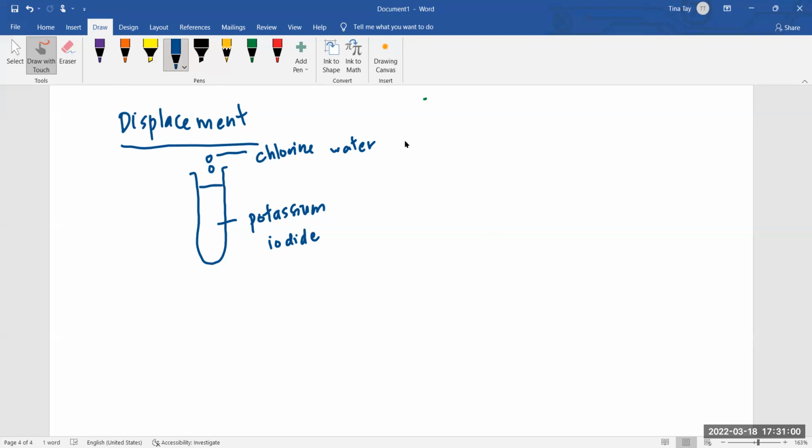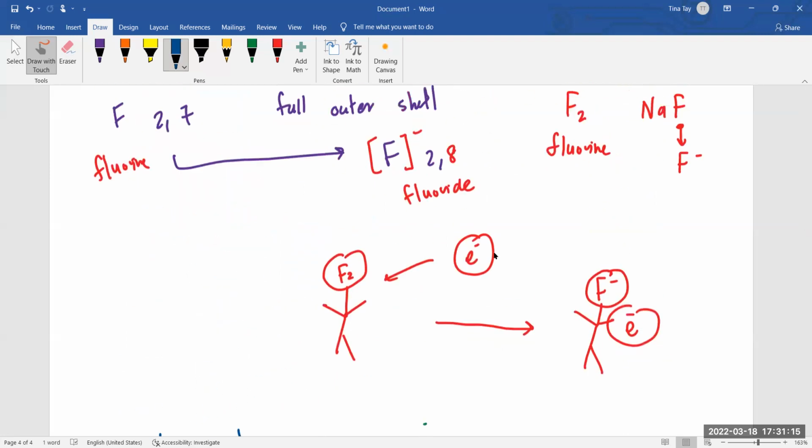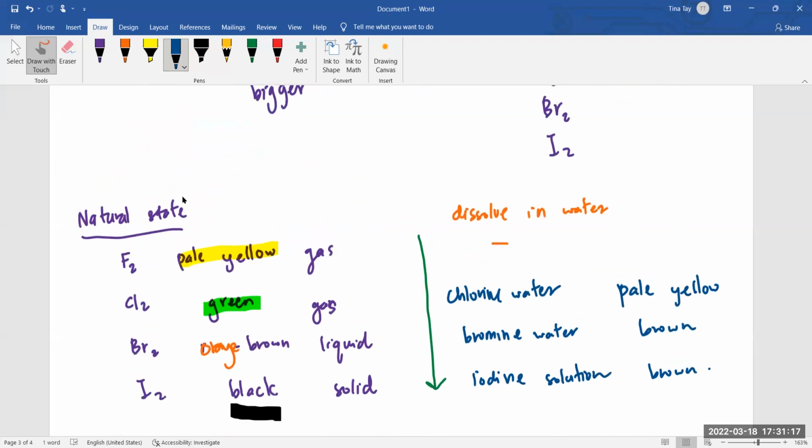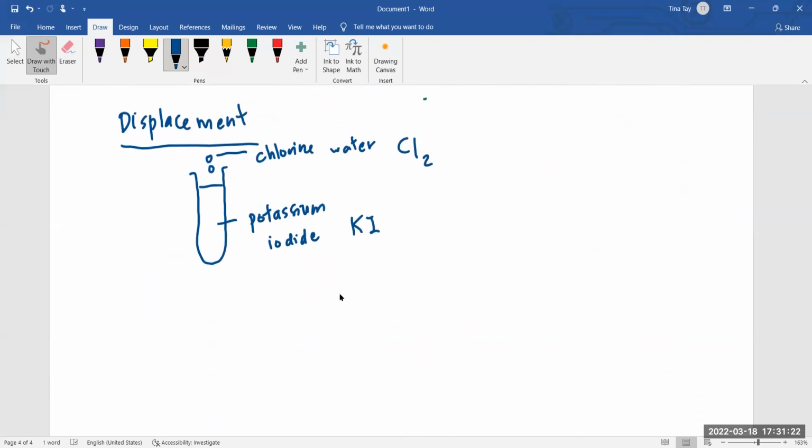KI? No, that's potassium iodide. Yeah, potassium iodide is KI. Chlorine? Cl2. Okay, Cl2. Chlorine, bromine, iodine must always be in doubles. Okay, this one is KI, this one is Cl2.